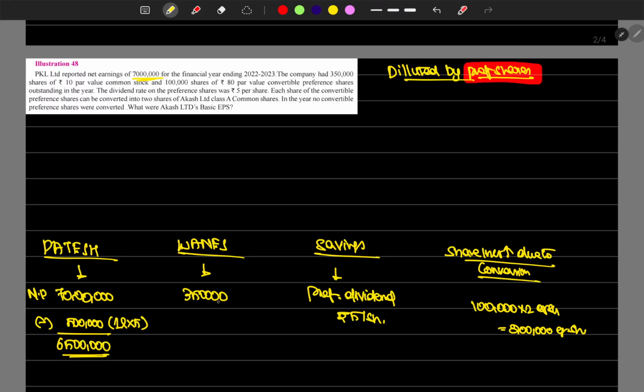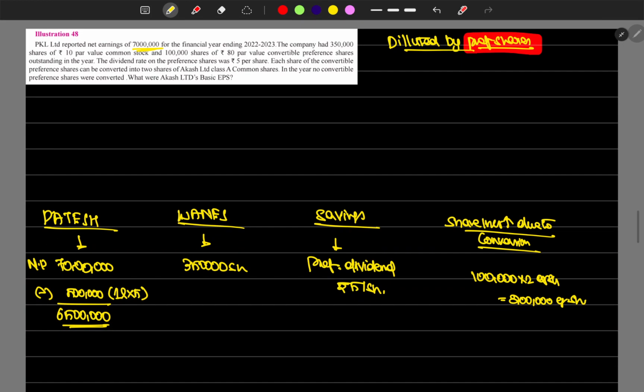Vanesh is 3,50,000 shares. Then the preference dividend is, okay, savings. How can we calculate the savings? Okay, we found out the Patesh is profit attributable to equity shareholders, which is 65 lakhs.